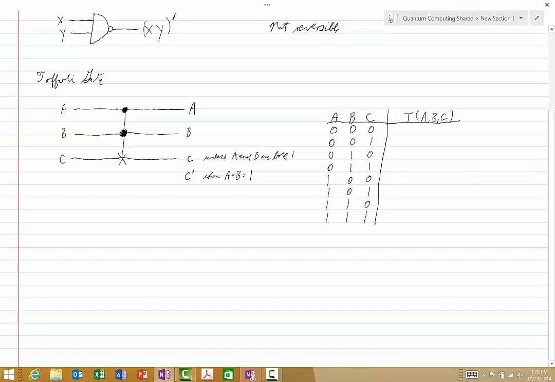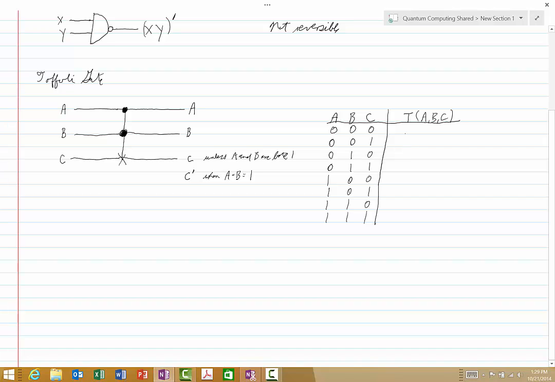And we've already said that the first two bits are always going to be the same. So we can go ahead and put AB. Well, let me go ahead and put the numbers.